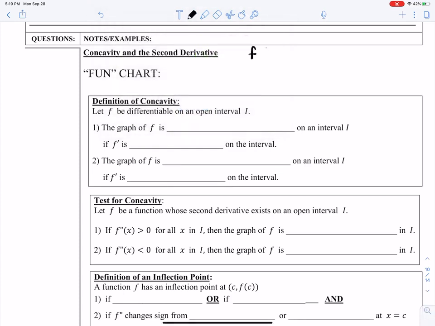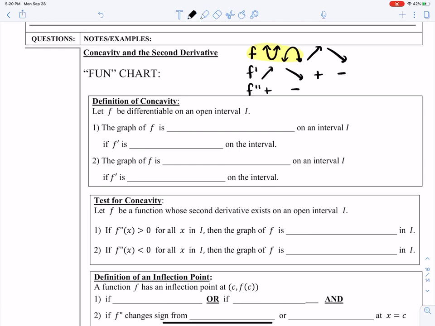F, concave up, concave down, increasing, decreasing, f prime, increasing, decreasing, positive, negative, f double prime, positive, negative. We call it the fun chart because this right here kind of looks like the word fun, although I'm not quite certain that you're going to think it's fun.